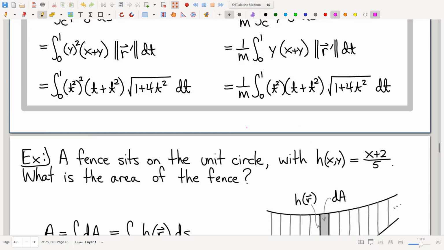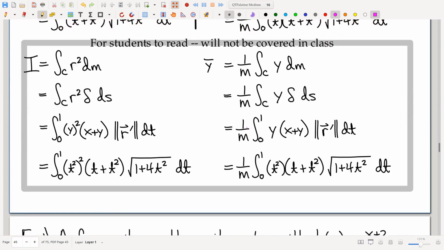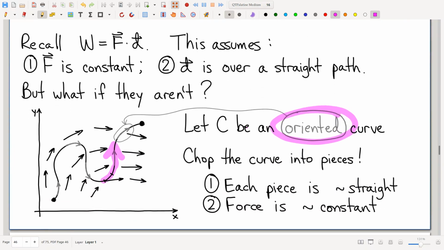And likewise, for all of these examples here, mass, location of the center of mass, it just sits there. There is no notion of direction. So something's different here, and our scalar line integral construction doesn't seem to recognize this important distinction. Does that make sense to everybody? I hope.